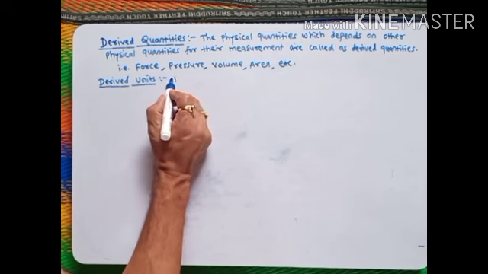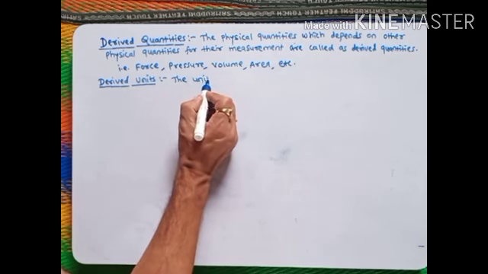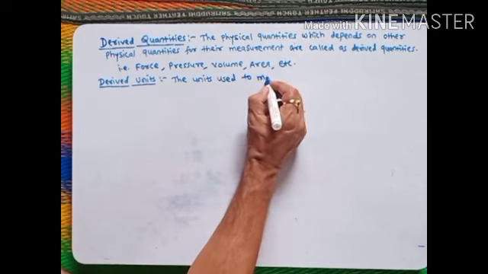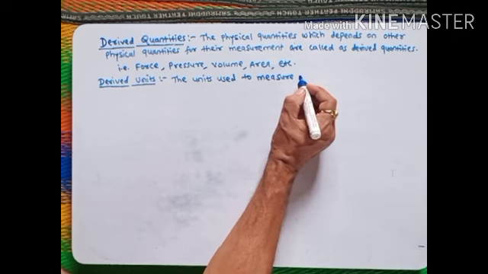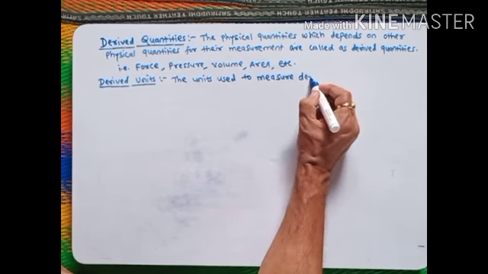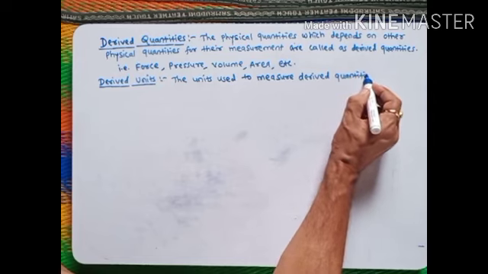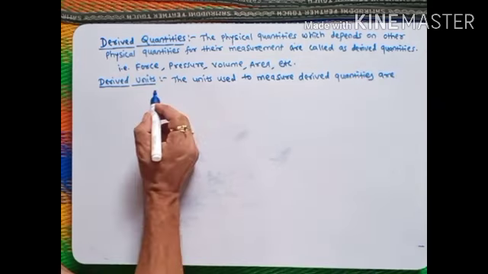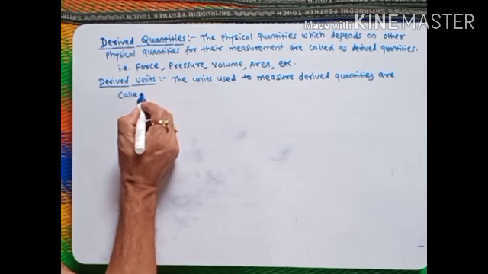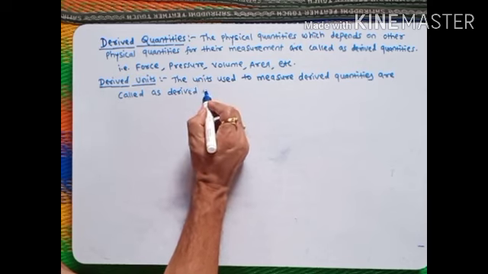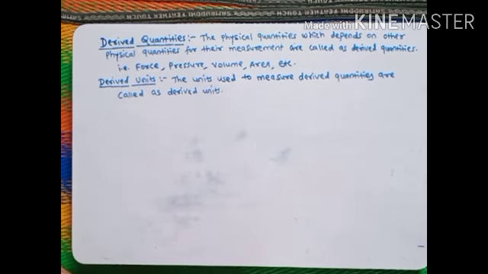That is, the units used to measure derived quantities are called derived units. See here, the units used to measure derived quantities are called derived units.